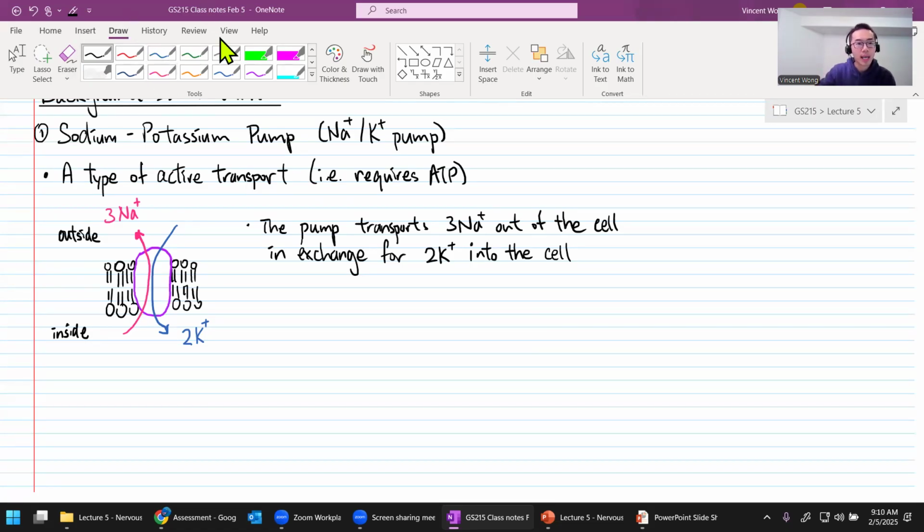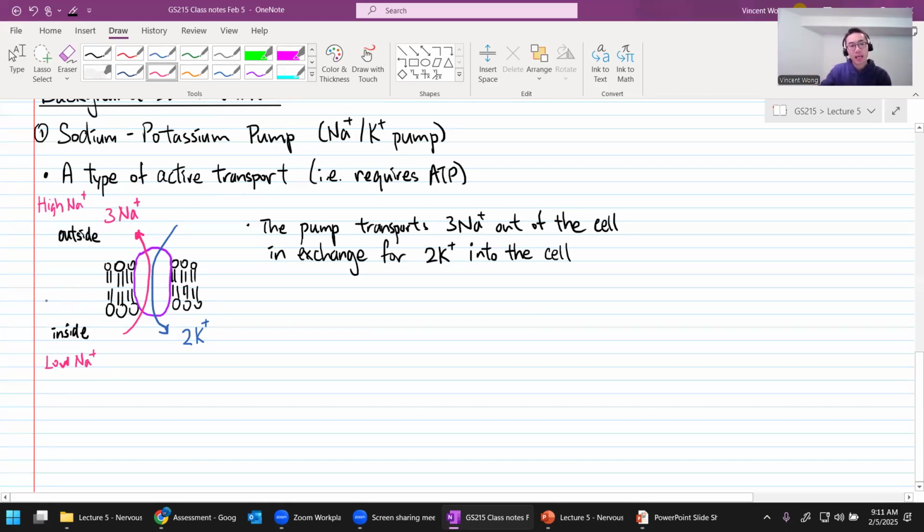and it's going to use ATP. If this continues for some time, you can understand why there is going to be a high concentration of sodium outside and low concentration of sodium inside, because you keep on pumping it out.